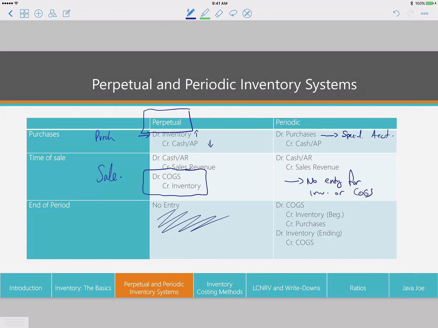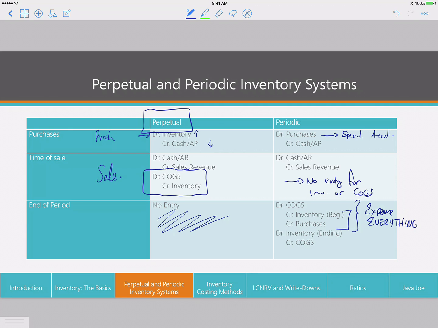So we don't do it at the time of the sale. Rather, at the end of the period, we will add everything from our beginning inventory and our purchases into our cost of goods sold. So step one, expense everything. That's all your beginning inventory and all your purchases.